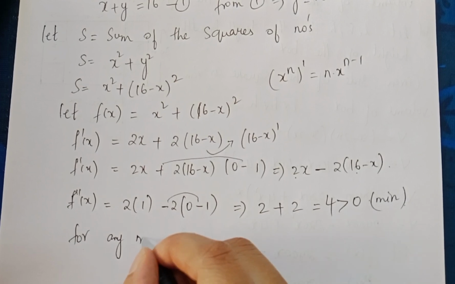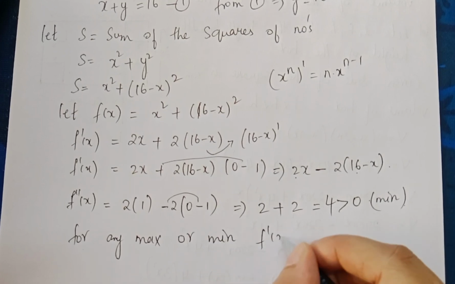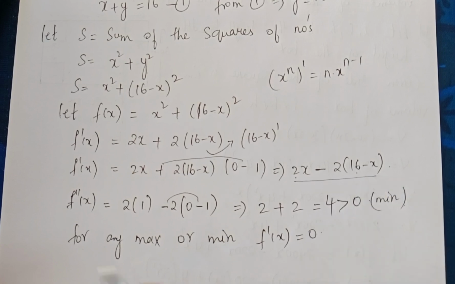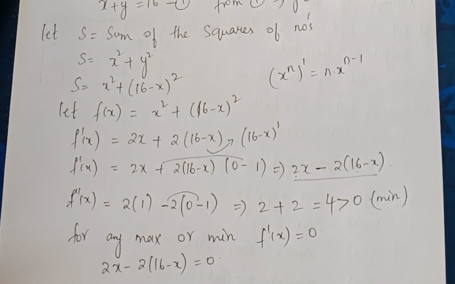Okay, for any maximum or minimum, f dash of x is equal to 0. So f dash of x, the value is this, we'll substitute, so it is 2x minus 2 into 16 minus x equals 0.